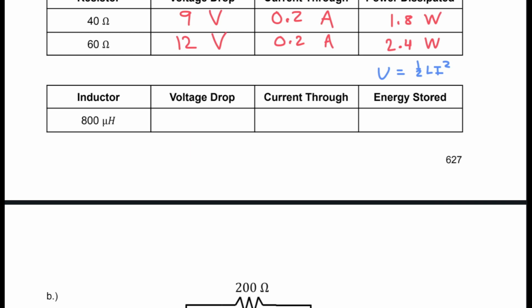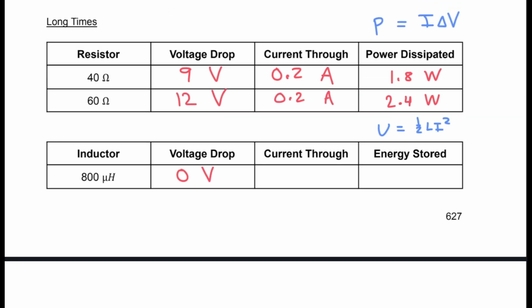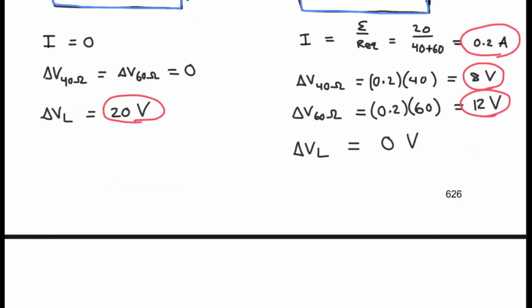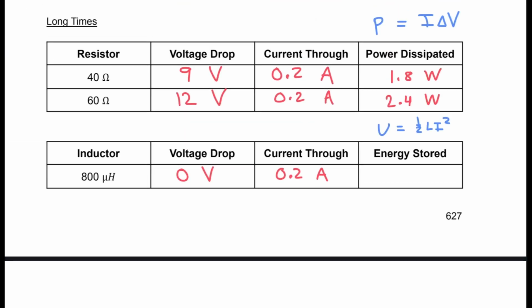All right, then for the inductor, at long times, there is no voltage drop because it's a short circuit, and it was at the same potential as everything around it. The current through, however, was non-zero, it was 0.2 amps. And then applying the inductor energy formula, 1/2 L i squared, we get 1/2 times the inductance of 0.8 times the current of 0.2, squared.